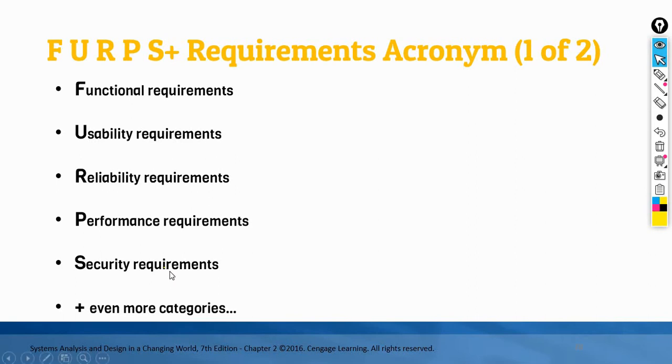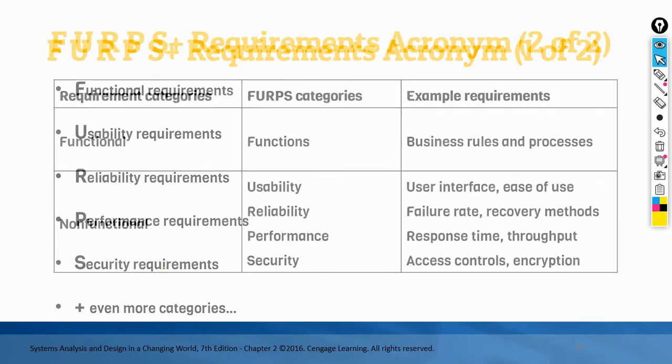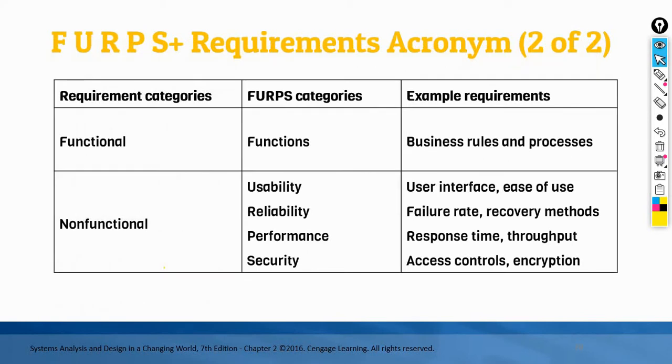The plus refers to additional categories that we'll see later. The F in FERPS is equivalent to the functional requirements defined previously, and the remaining categories, U, R, P, and S, describe the non-functional requirements.